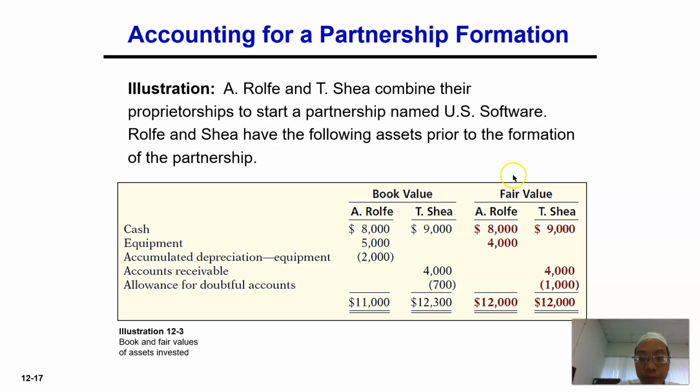the market value of their assets. Of course, cash is cash, so this is the same value, but when they reevaluate the value of the equipment, they come to 4,000. That's the market value of the equipment. The accounts receivable is 4,000, but when they evaluate the doubtful accounts, what is doubtful accounts?